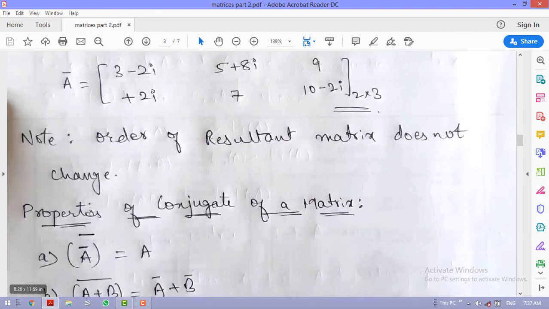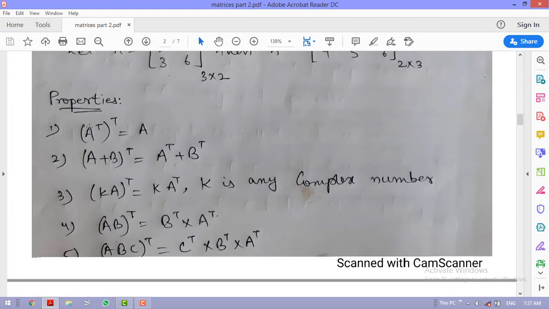Okay, so now let us see the properties of conjugate. Here I would like to say that the properties of conjugate are similar to the properties of transpose.